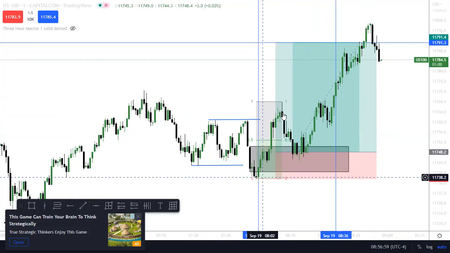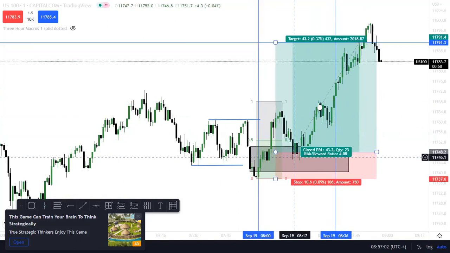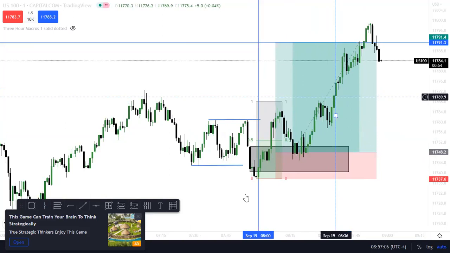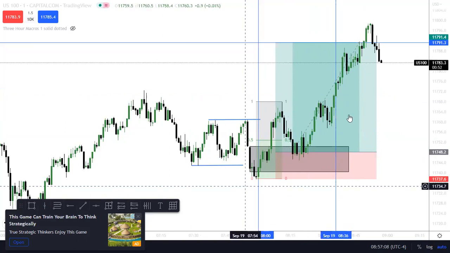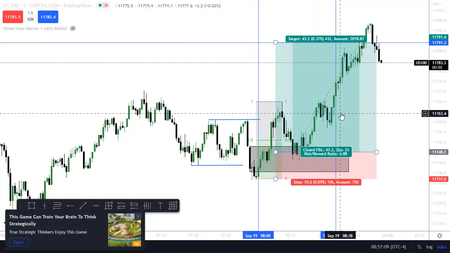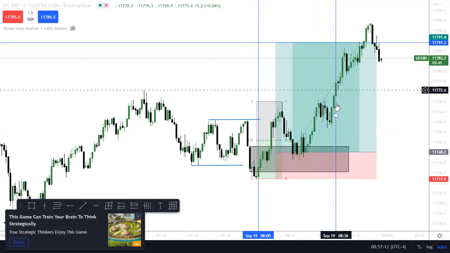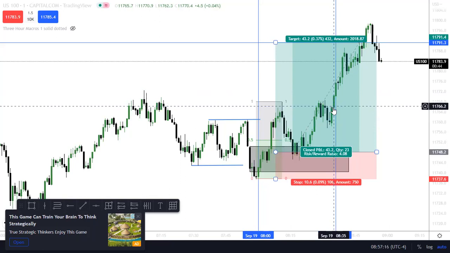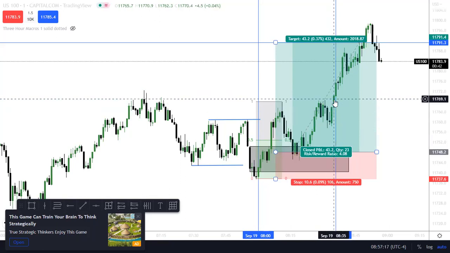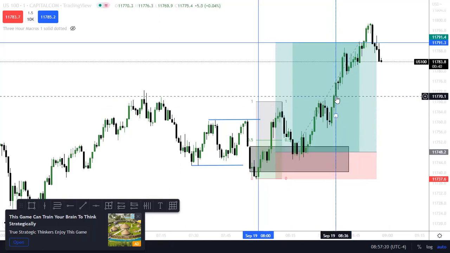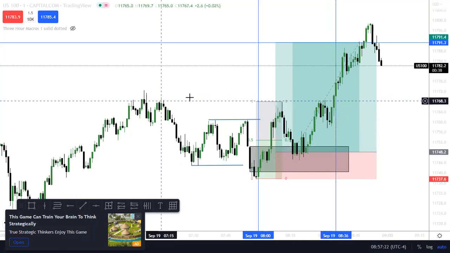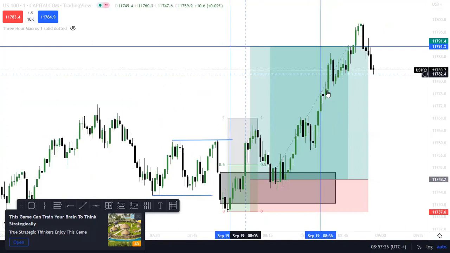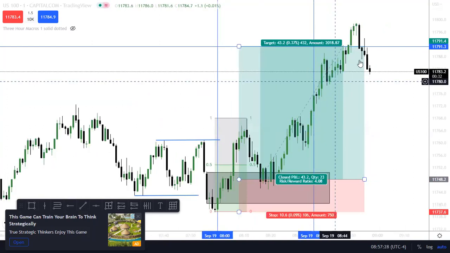The imbalances created here have been rebalanced. Imbalance created, rebalanced, which means this guy has no liquidity to take and no imbalance to fill. So I don't need any retracement starting exactly right here. What I needed to do is to run to the liquidity. So if you look at the opening price of this candle, you'll see that it's just below these lows and just below our objective right here. So I anticipated this to expand higher.